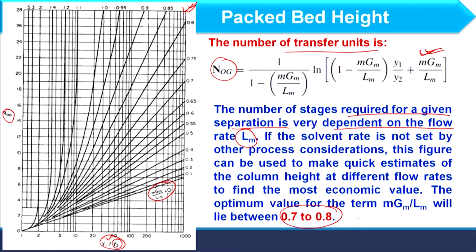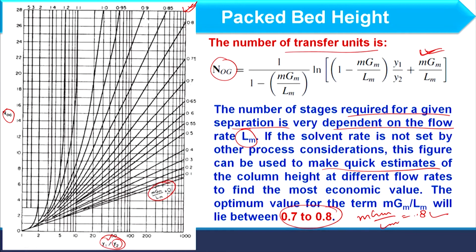However, you can choose any value from 0.7 to 0.8, but when you choose 0.8 you can deal with the least flow rate of solvent, right. So, if the value is not given to us, then mGM by LM should be equal to 0.8, that you can choose, and it is basically a quick estimate of the column height once I am fixing this value.